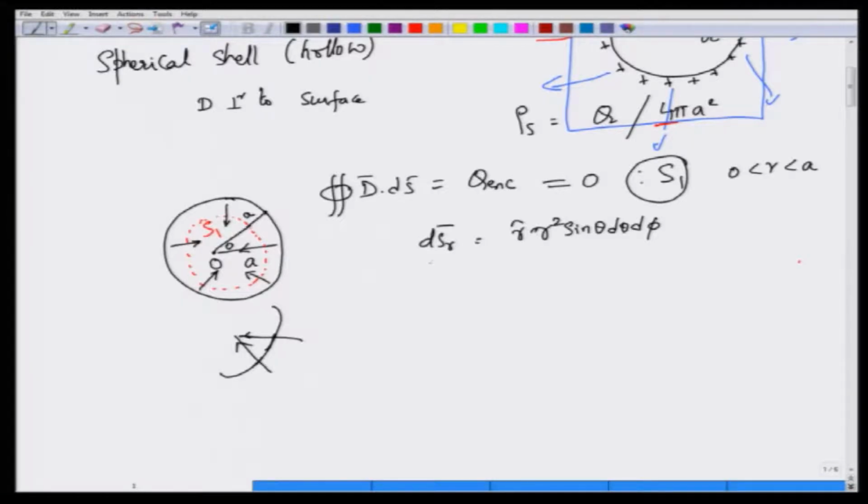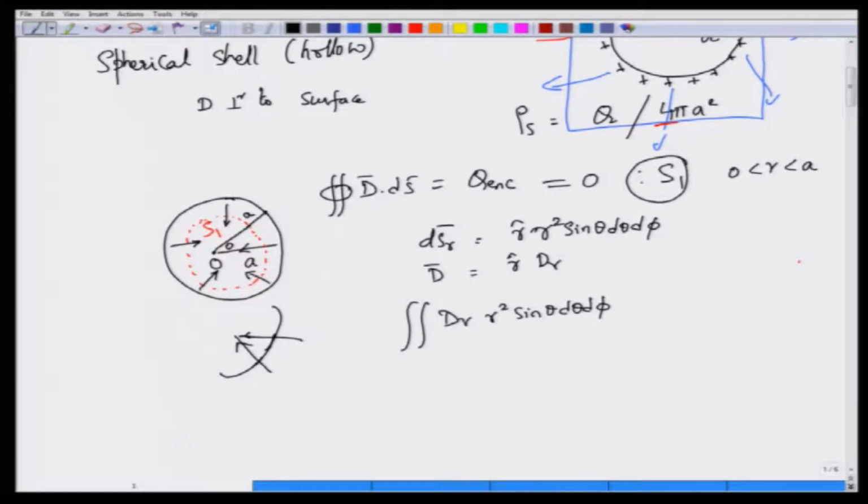Okay. And D has only the r component or the radial component. So, that becomes r hat Dr. So, if I consider the dot product between the two, I am going to get Dr and then r squared sin theta d theta d phi integrated over the sphere radius, right.